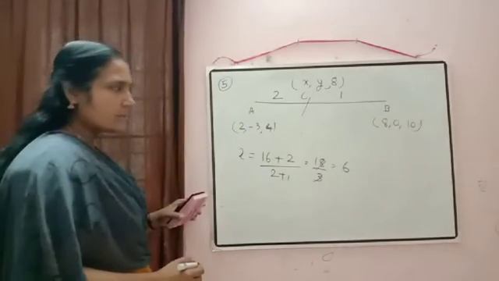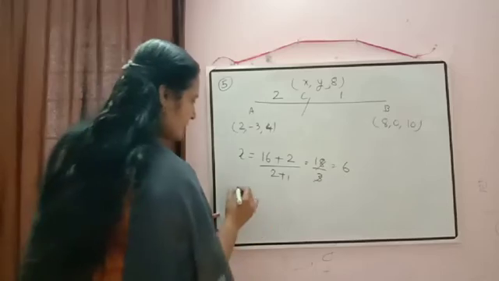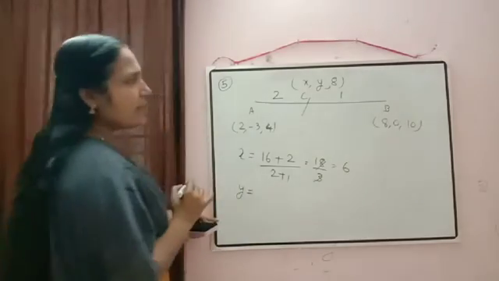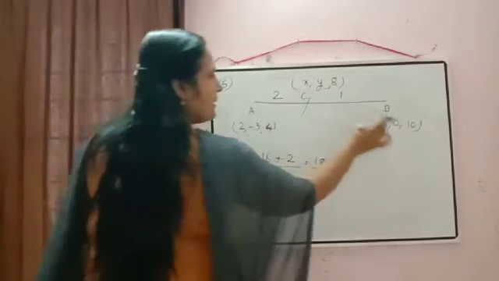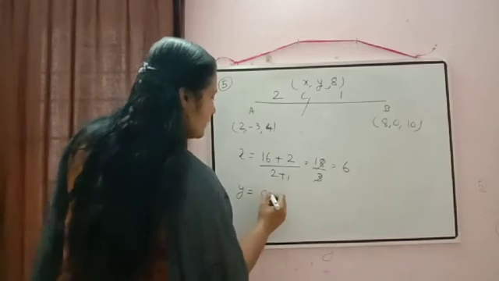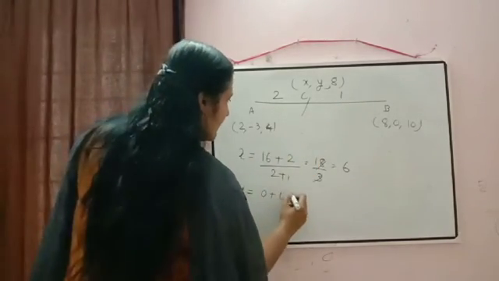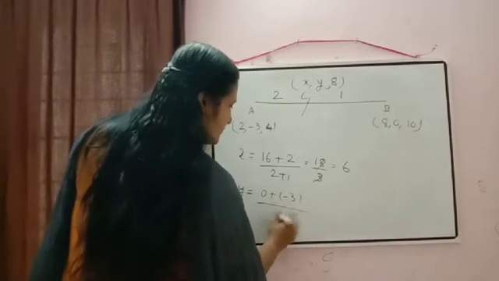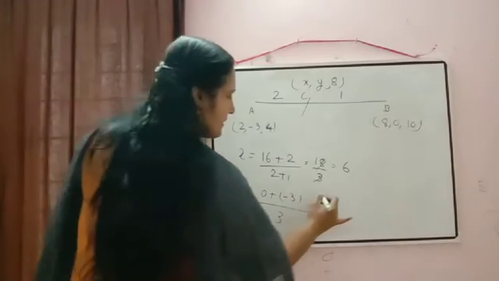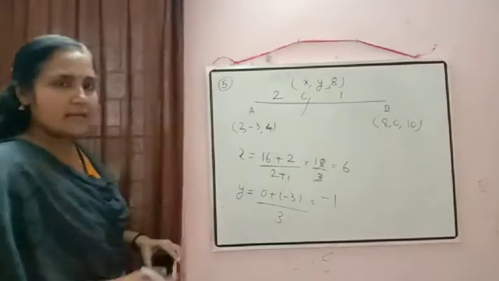So we got the x coordinate is equal to 6. And now check what will be the y coordinate. 2 will be multiplied by 0, so 2 into 0 is 0, plus 1 into minus 3, minus 3 by 2 plus 1 is 3. So minus 3 by 3 will be equal to minus 1.